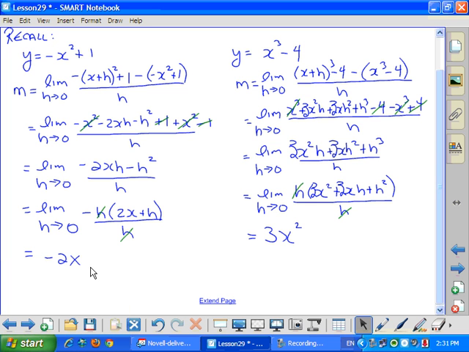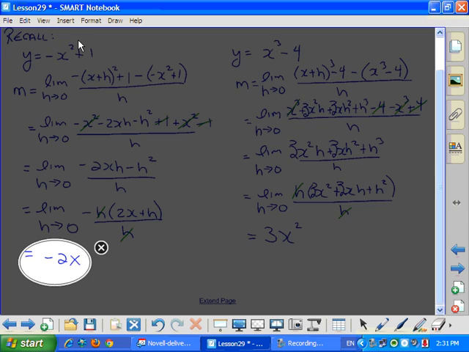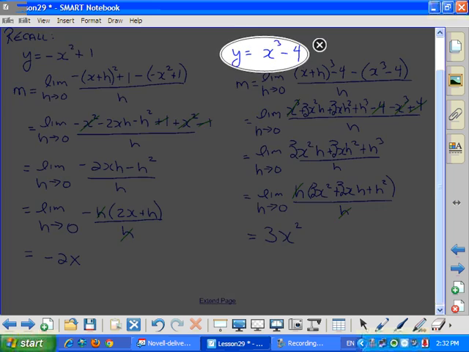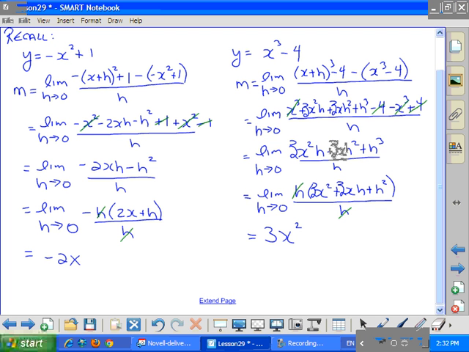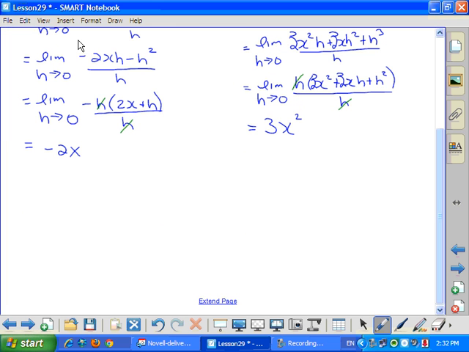Okay, so as you rejoin me, you can see that I found an expression for slope from first principles. This is very similar to the investigation that you did earlier. The key things that I want to look at specifically here: we started with negative x squared plus 1, and now we're looking at negative 2x. Similarly, we had x cubed minus 4, and now 3x squared. Hopefully yesterday from the investigation you concluded that there was a relationship, and the summary should have looked something like this from yesterday.